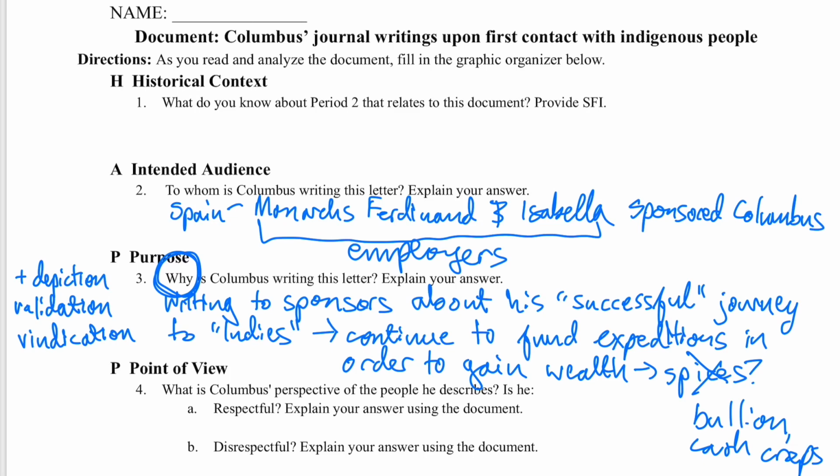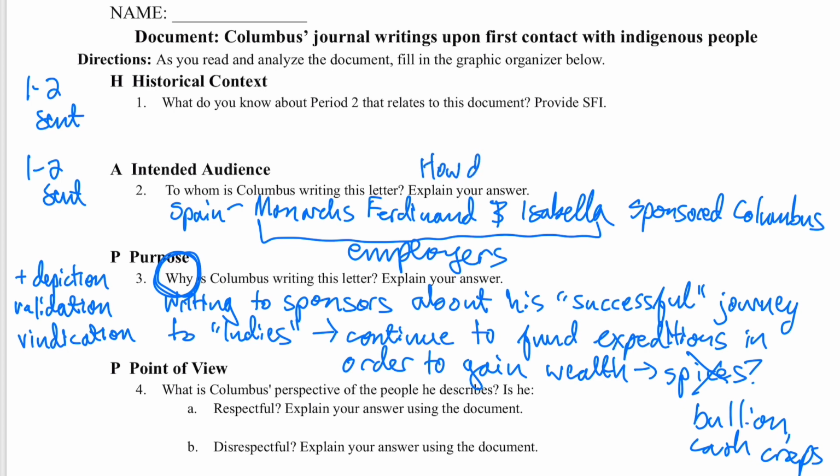So what do you know about period 2 background that relates to this document? Write about the encomienda, or mercantilism, or Spain, and the 3 Gs in complete sentences, like 1 to 2 sentences. Same thing with intended audience: in 1 to 2 sentences, tell me to whom Columbus is writing this letter, and then explain how you know that he is writing to Ferdinand and Isabella.